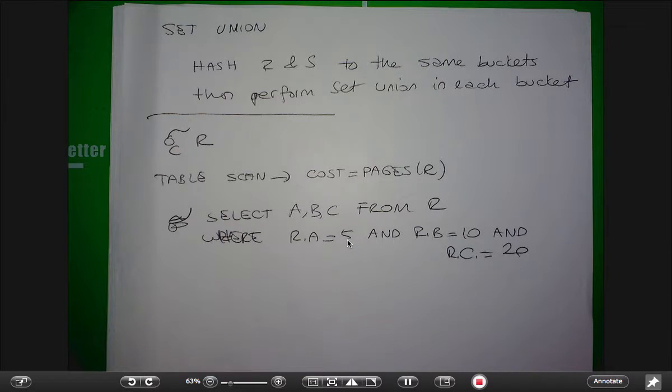So you can always use a table scan to answer this query, and that will return you pages of R cost, okay? And that's always available to you. So let's try to think about what will happen.